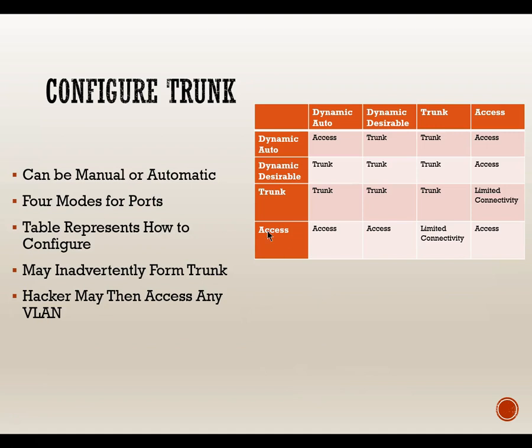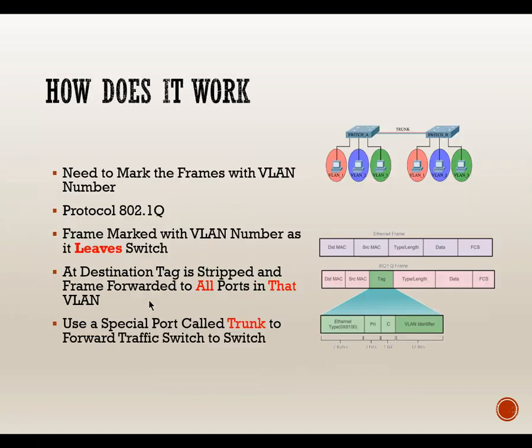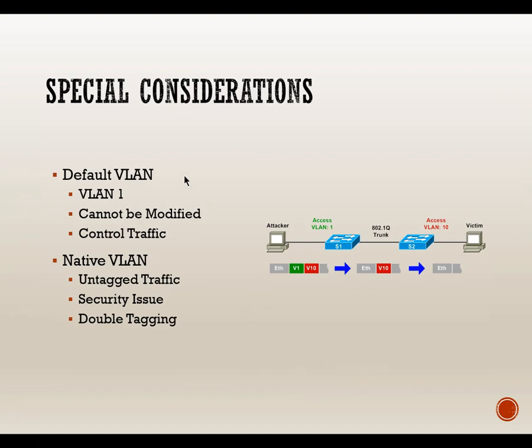The easiest way is, since everything by default now is dynamic auto, you may have some older switches which would be dynamic desirable, which was the default for a long time. The problem with that is it asks everything else to be a trunk, so the trunks are more likely to form inadvertently.